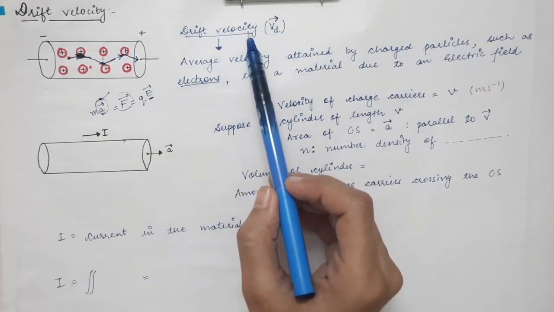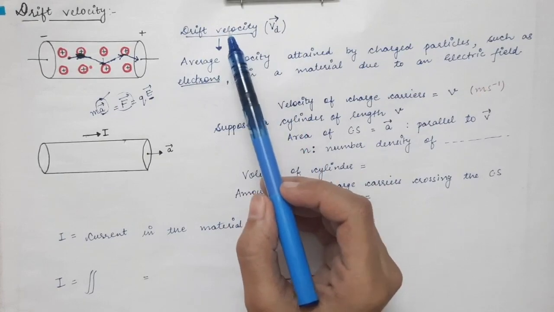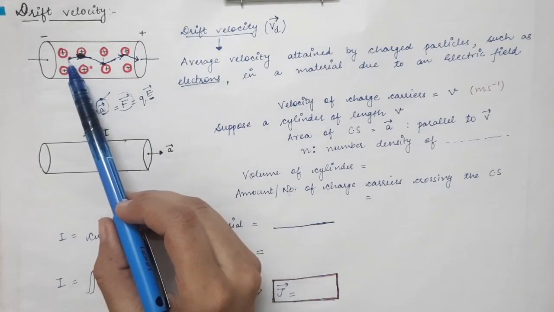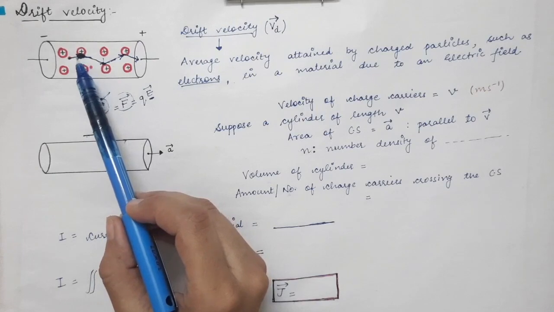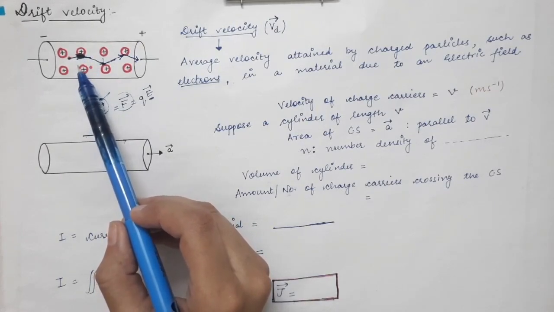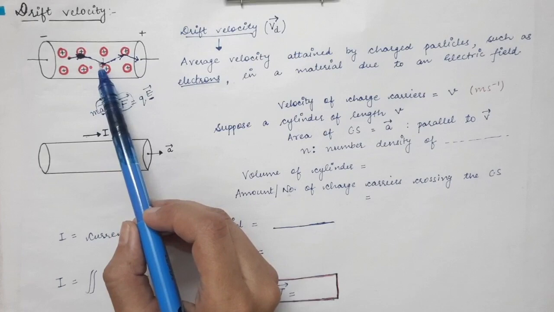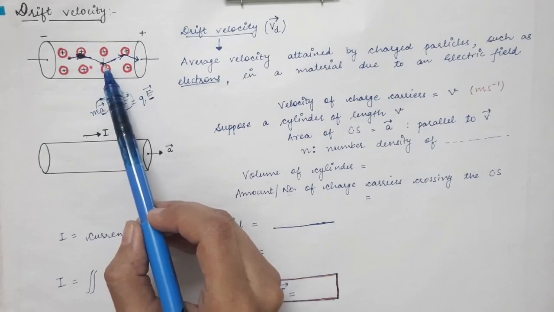Drift velocity is actually the average of all the velocities. If the velocity of the electron is increasing, and then when it hits the positive ion it suddenly drops to zero, then after that again its velocity will increase from zero and attain a certain value, and in the second collision again it will go to zero.